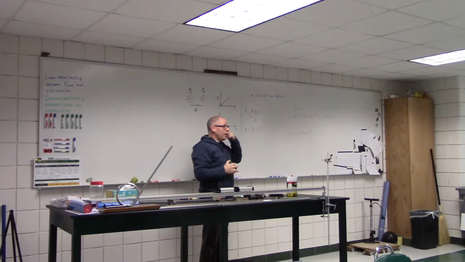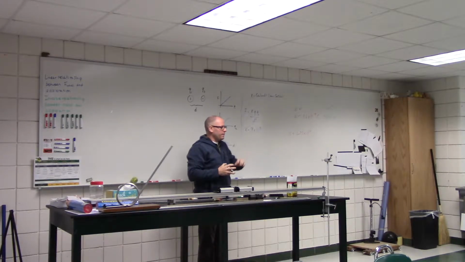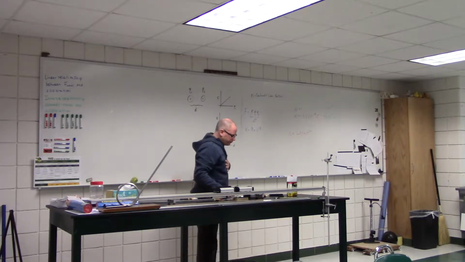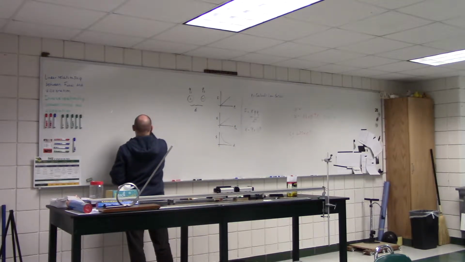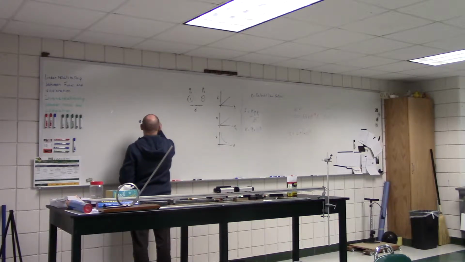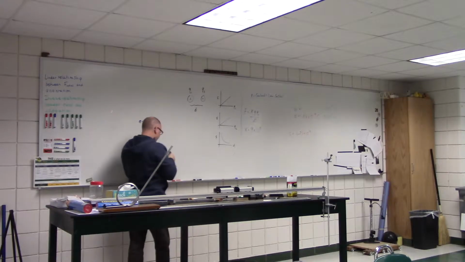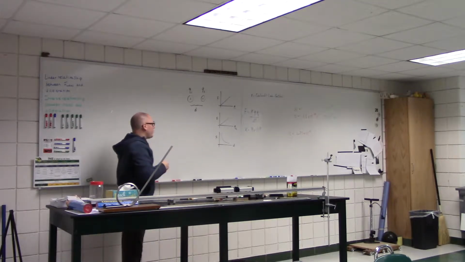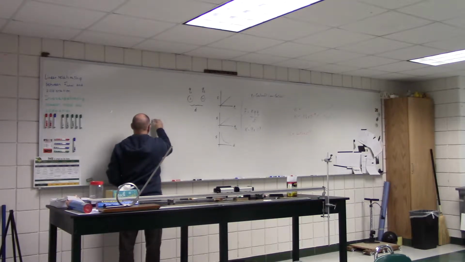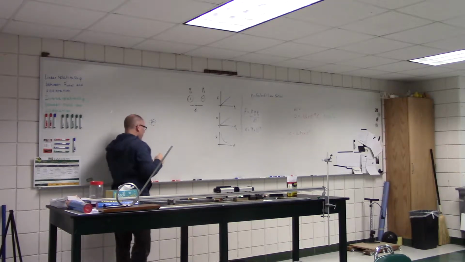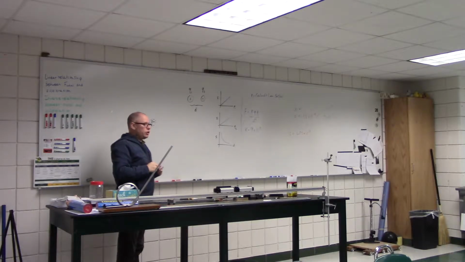So the question is this. If we had an actual electron here, and we had a proton here, would these things attract each other? Yeah. Do they both have mass? Sure, so is there a gravitational force between them?